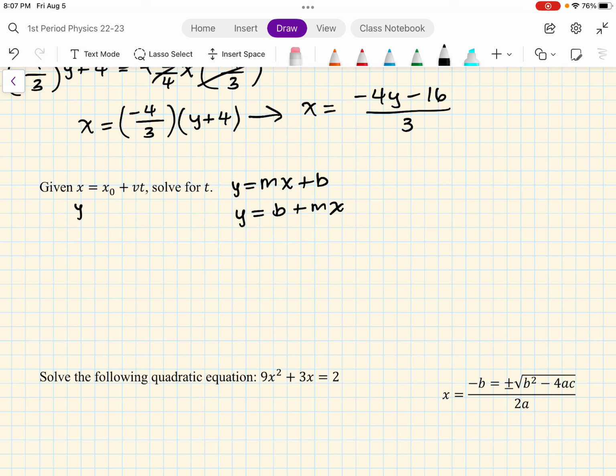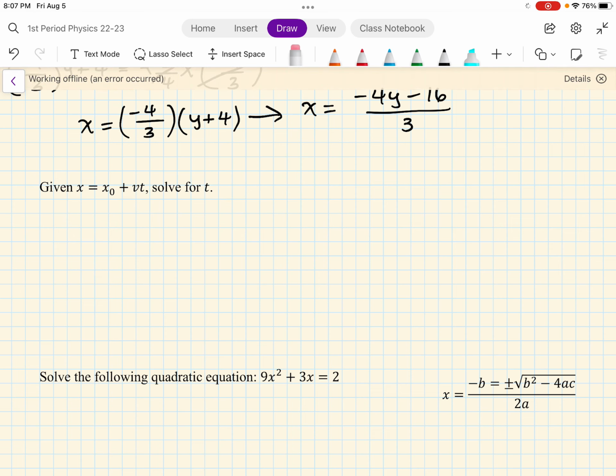So y equals b plus mx. Just like in math, m represents slope or rate of change. In this case, for this particular equation, v represents velocity, which is a rate of change. Again, you'll learn that later. I just want you to see that connection. So, slope is real, guys. Slope is real, okay?